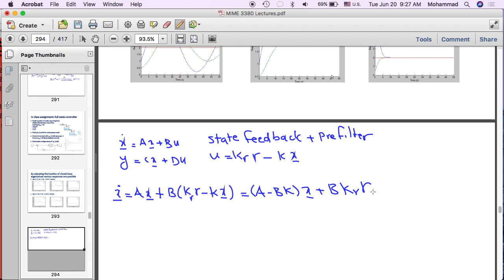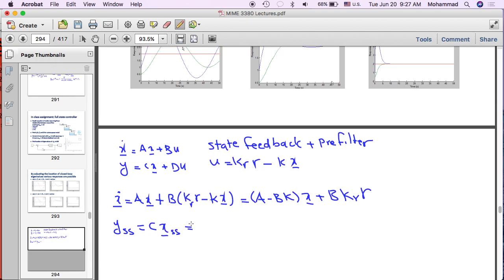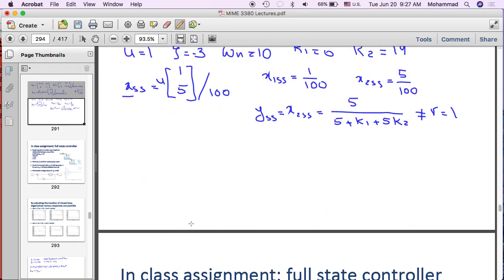That's the dynamics. Now let's think in steady state what we want. What do we want in a steady state? We want y steady state, which is equal to C times x steady state, and D in the majority of cases is 0, so I'm not going to write it. So C times x steady state, we want this to be equal to what? What do we want y steady state to be equal to? Look at the block diagram.